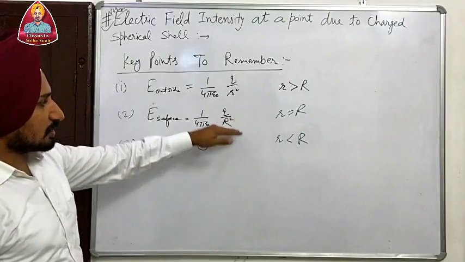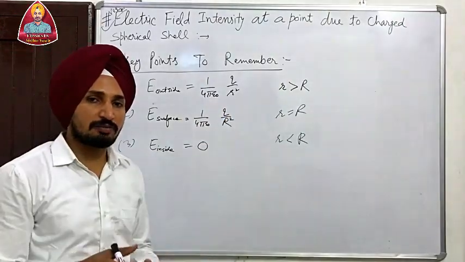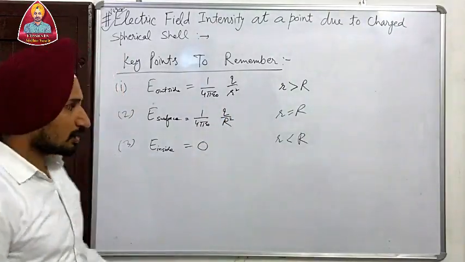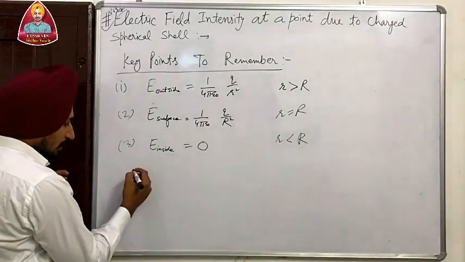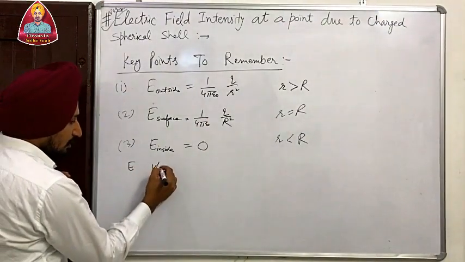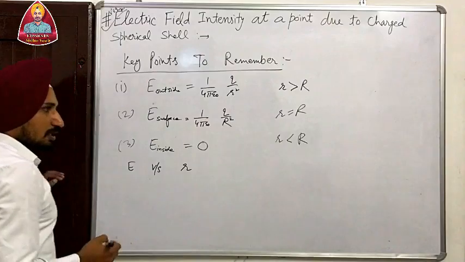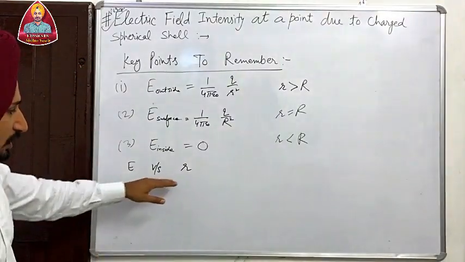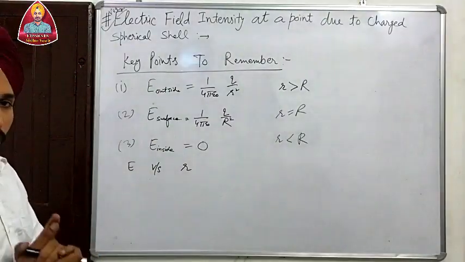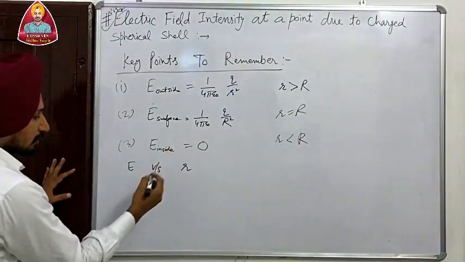Now from these results, we can draw a graph between E and r. We can draw a graph between electric field intensity versus distance of the point from the origin of the spherical shell.